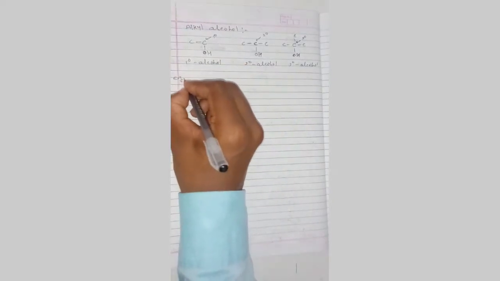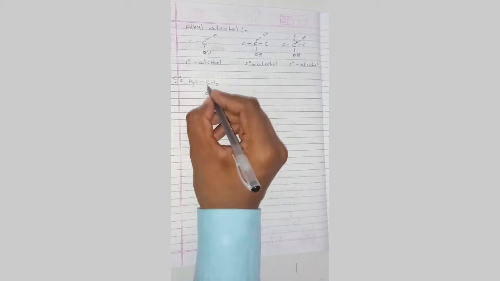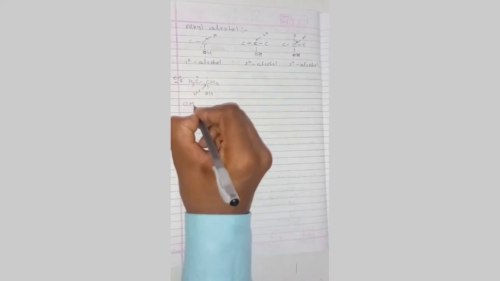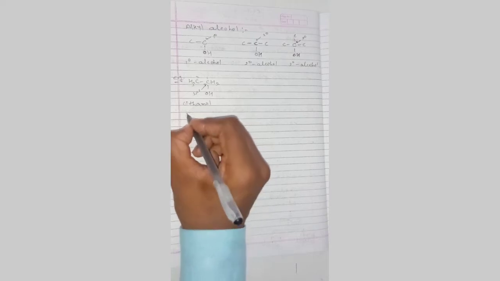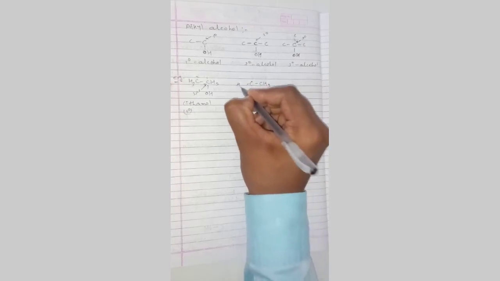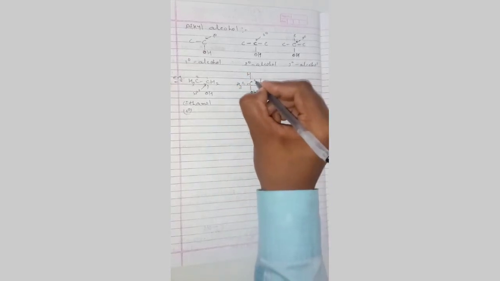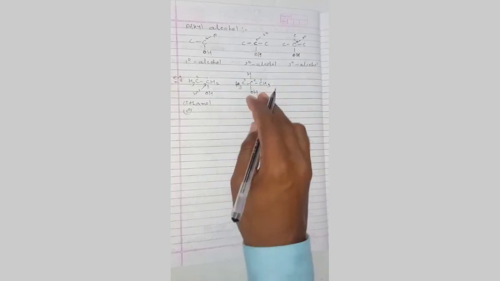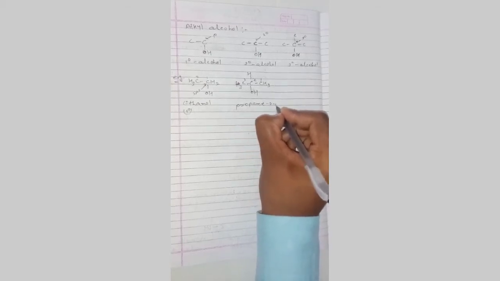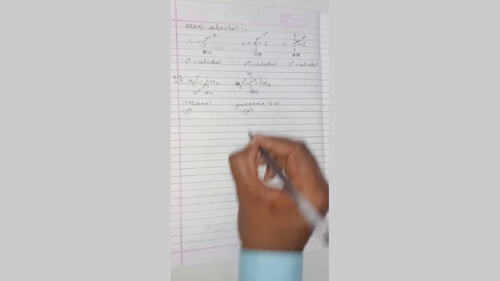For example, here CH3CH2OH, here sp3 hybridized carbon atoms 1 and 2, it is ethanol, primary alcohol. Here CH3 and CH3, OH and another hydrogen atom. So this is 1, 2 and 3 carbon, propan-2-ol. This is secondary.